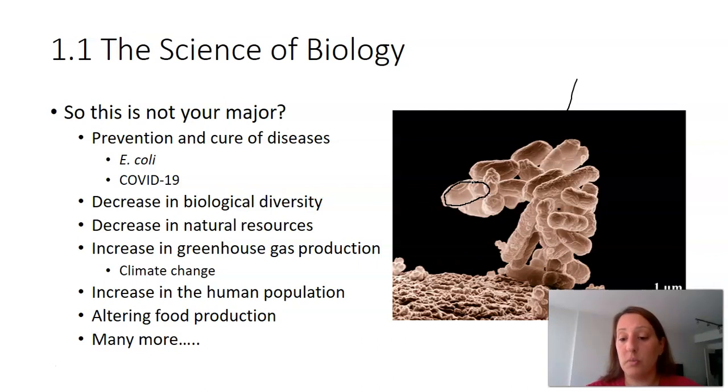And it is human created. It's definitely not a natural process. We're speeding up what would be a natural process. And that's a problem. So a decrease in biological diversity is not good for the ecosystems on our planet. It's a serious problem that we should all be informed about and that we should all care about.